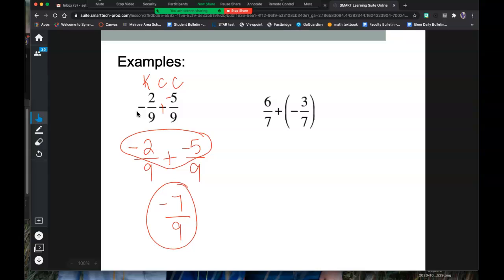Subtract, thank you. So we're going to subtract. The denominator stays the same. We always leave the bottom number the same when we're dealing with adding and subtracting fractions, and we subtract. 6 plus negative 3, 6 minus 3 is 3. There's more positives than negatives, so my answer is 3/7. Okay, questions there?